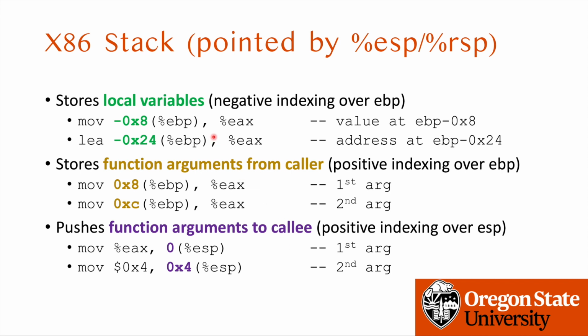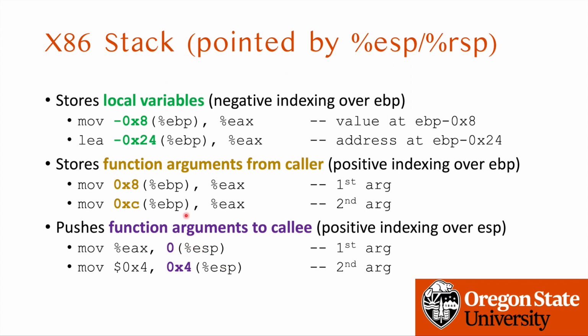As we learned from the previous lecture, the program stack stores local variables. We can access them by using a negative index over EBP, and it stores function arguments passed from the caller. We can access them by applying a positive index over EBP. And we can pass arguments to the callee using a non-negative index over ESP.